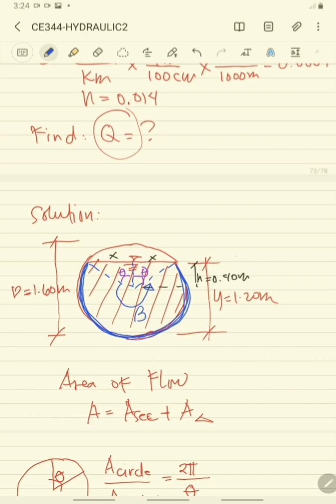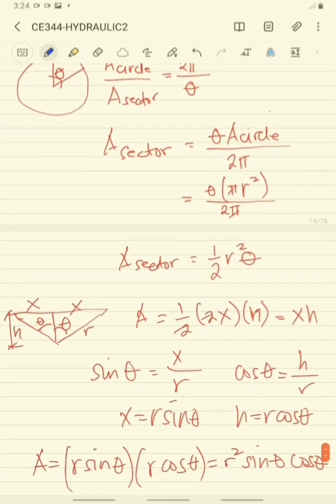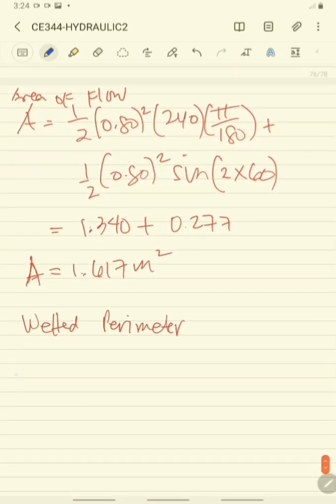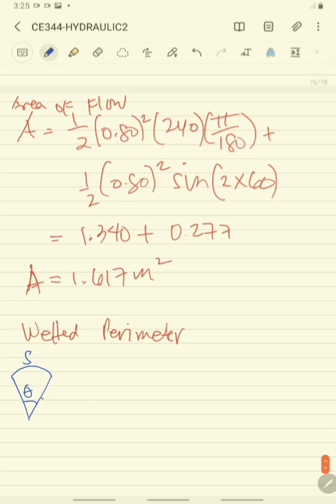This is just equal to the length of the arc of the sector, r times theta.